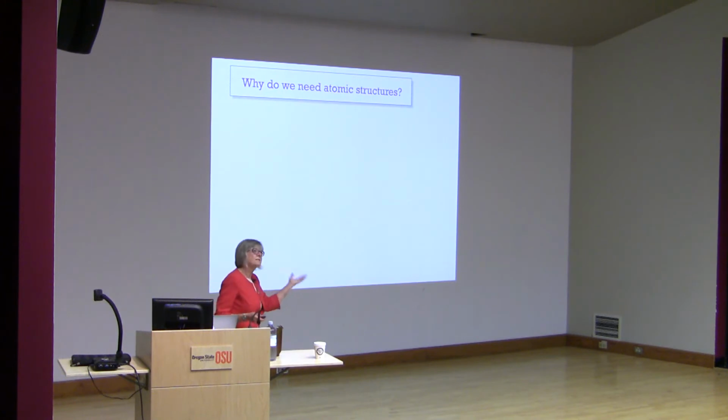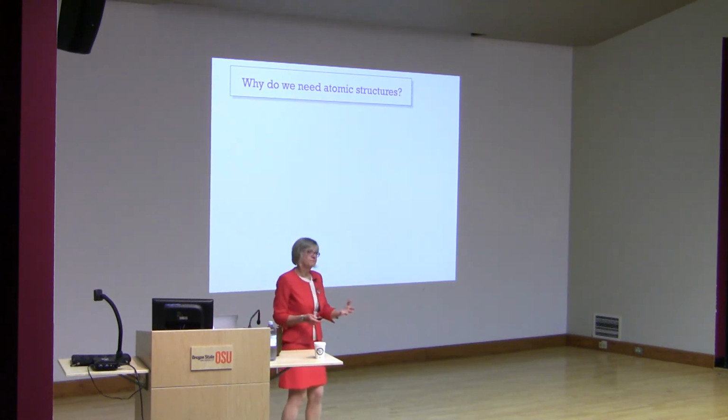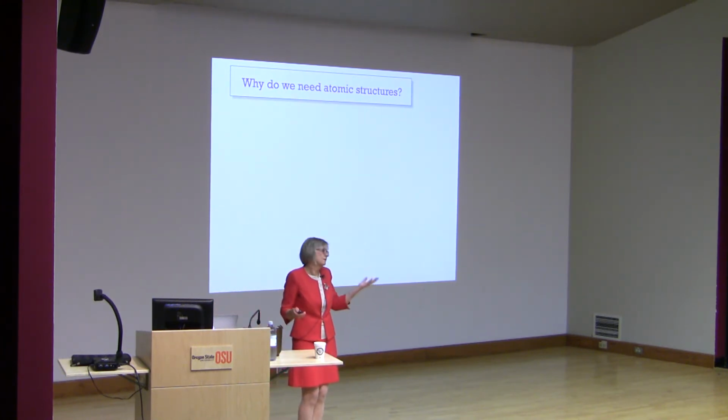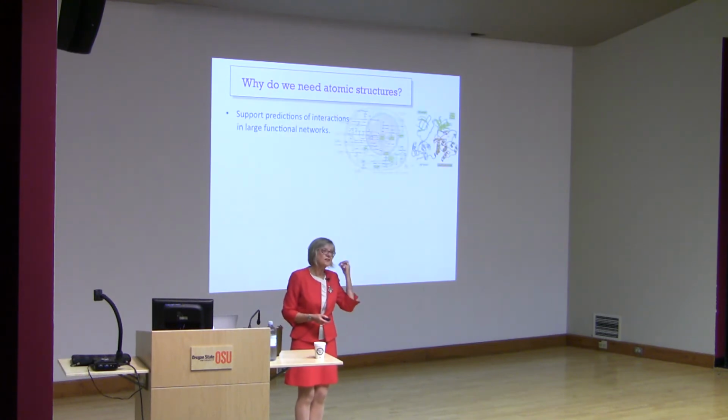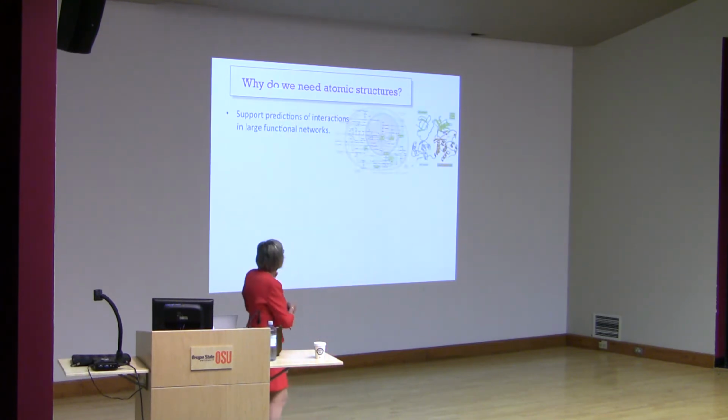So why is it important that we get structures? You could argue, who cares what a structure of a molecule looks like? I just want to know why I have diabetes. Let me tell you that structures are very important.